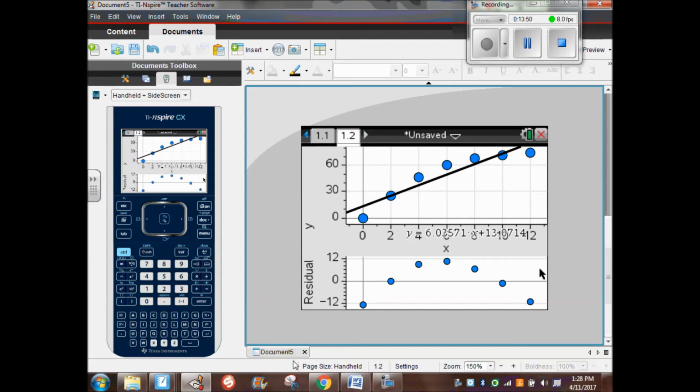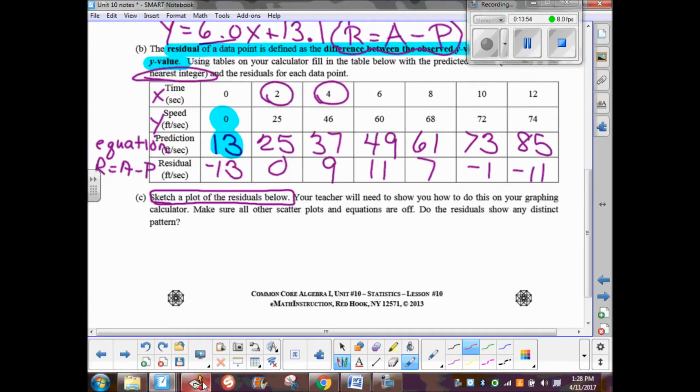What it just graphed for us was our x value against the residual. Now go ahead, put that plot on your paper. Just a sketch of it.